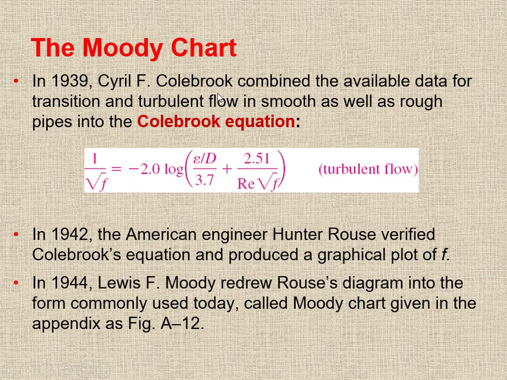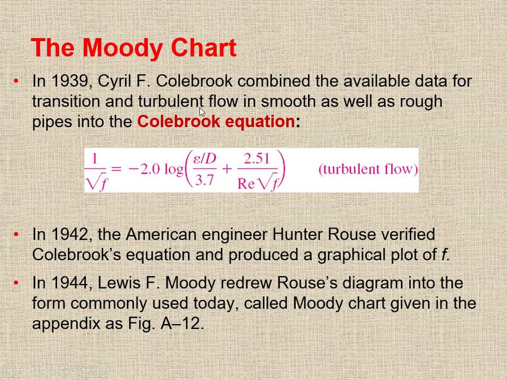Finally, Colebrook combined the available data for transition and turbulent flow in smooth as well as rough pipes into the Colebrook equation. He basically combined the relative roughness for the different pipe surfaces, the Reynolds number, and the friction factor.